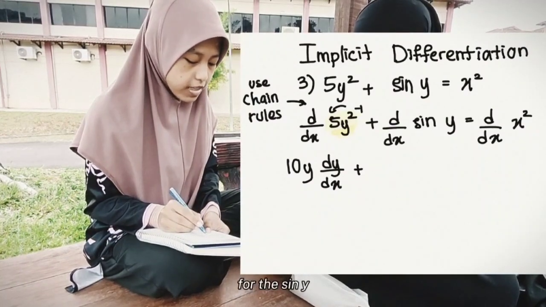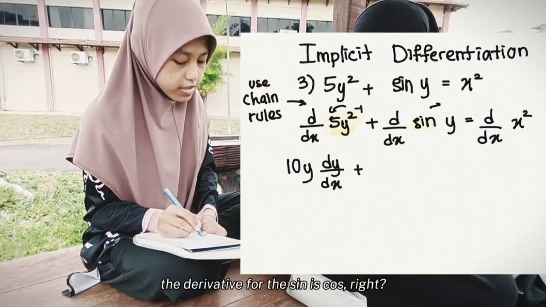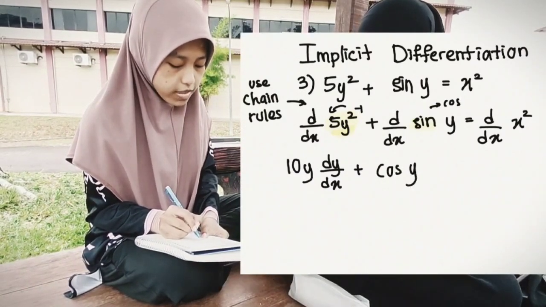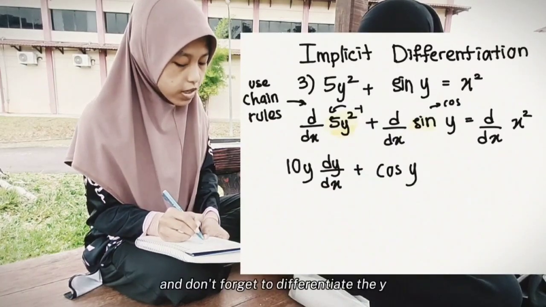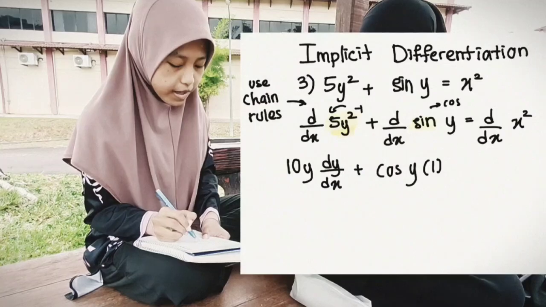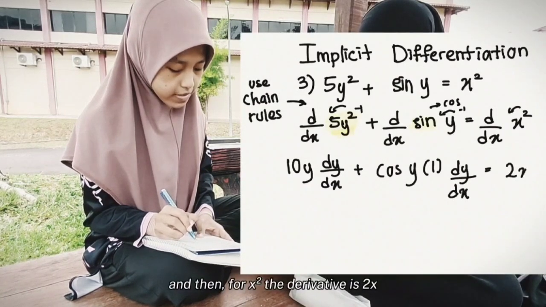For the sine y, the derivative of sine is cos, right? So you just need to put the cos y and don't forget to differentiate the y. So you will get 1. And then for the x squared, the derivative is 2x.